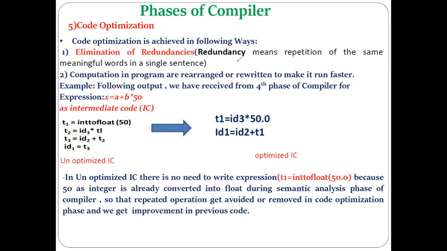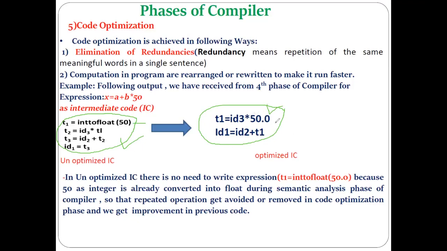That is making changes within the original code, by eliminating redundancy from the code, or by doing rearrangement in the code. Whatever code we get, that code is called optimized intermediate code. Understood? If you see, the meaning of this particular fragment of code and the meaning of this fragment of code is exactly the same.